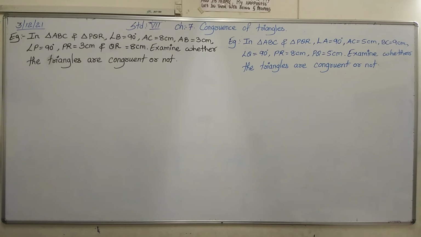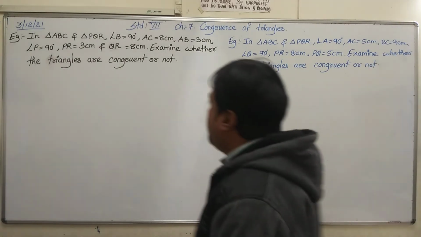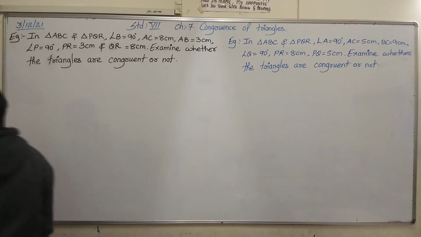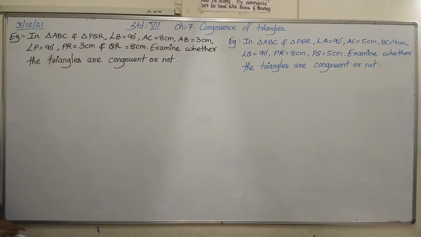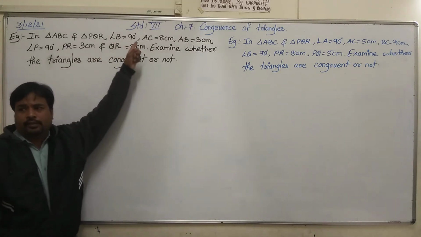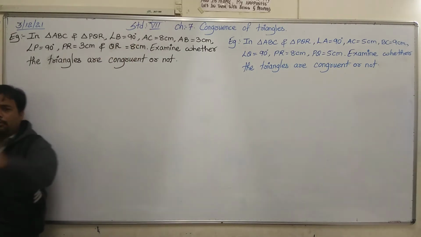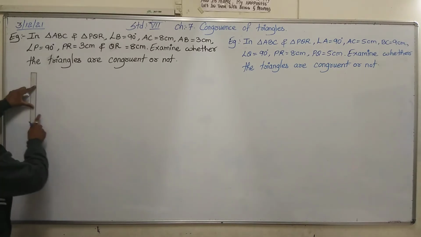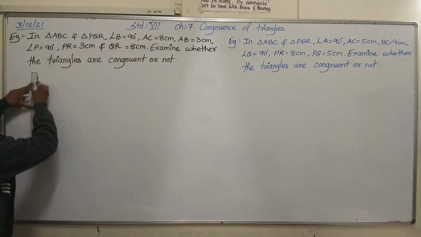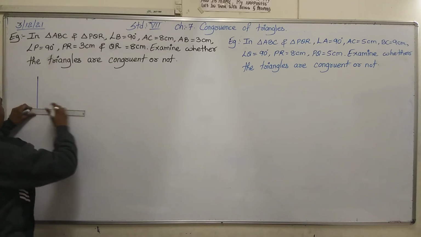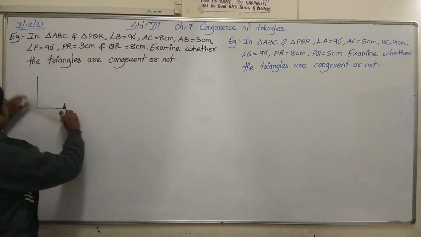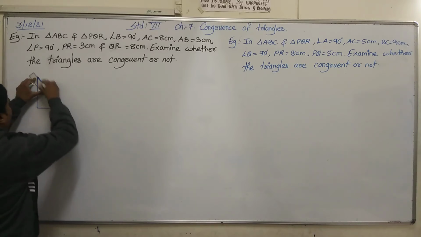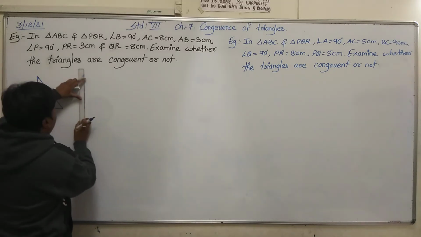Example: in triangle ABC and triangle PQR, angle B is 90 degree. See, here 90 degrees is mentioned to you. It means you have to draw a right angle triangle. So first, let us draw a right angle triangle. And you have to name it according to the condition given to you.